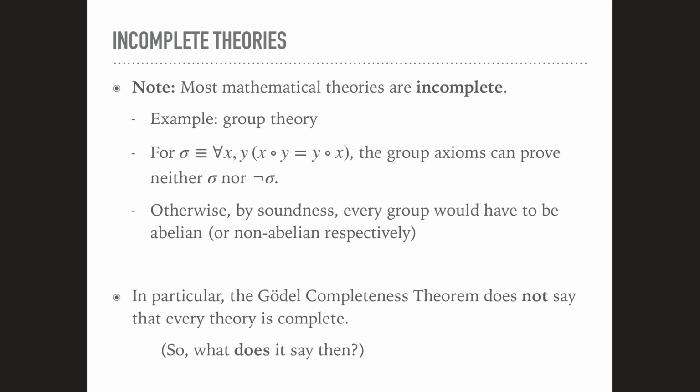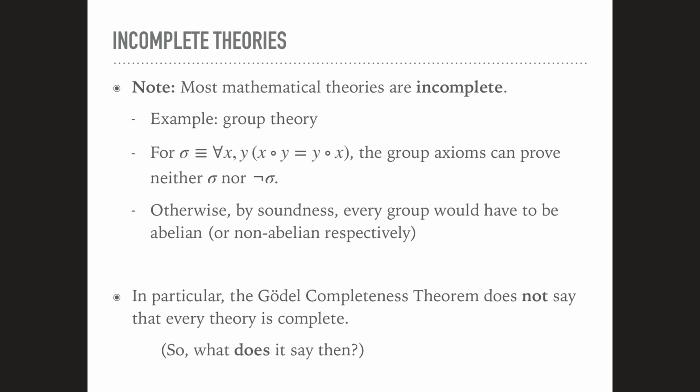There are groups that are abelian, and there are groups that are not abelian. So, in particular, the group axioms cannot decide this statement in terms of proof. So this sentence is also called independent of the group axioms. So incompleteness is a completely natural mathematical property that we often encounter.